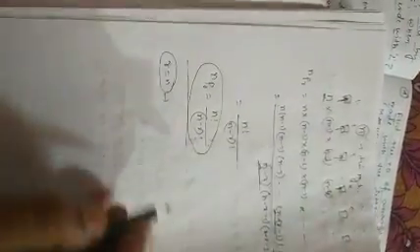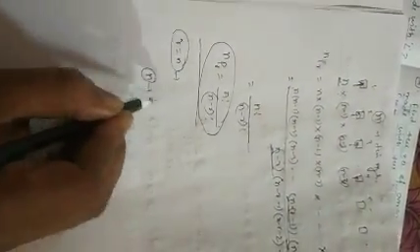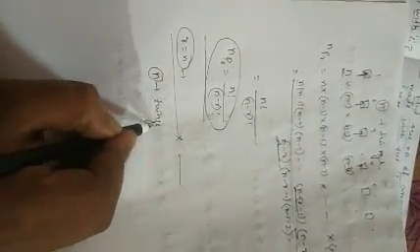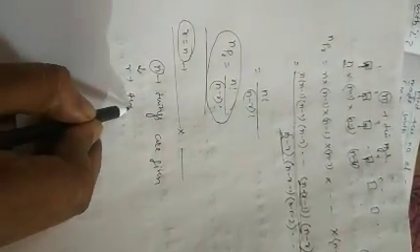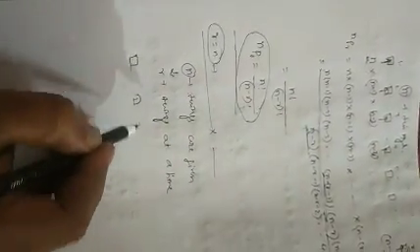So here n things are given. We have to take r things at a time. So here are r places, 1, 2, 3 up to r.